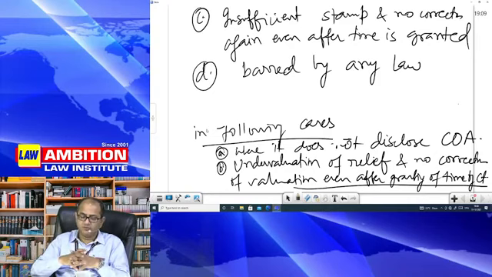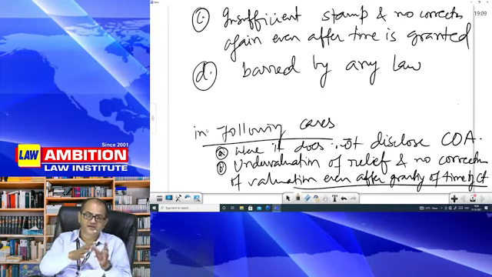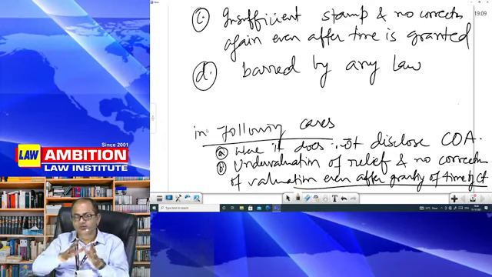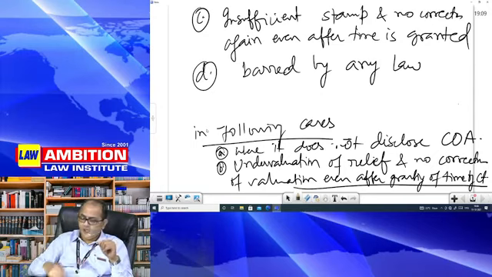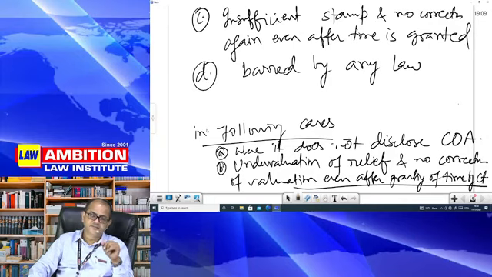I hope you are listening to me carefully. In the Salem Bar Association case, the Supreme Court has clarified the point that even if there is no compliance of clauses E and F, it will not have the same effect as clauses A to D. So the first 4 clauses are substantive in character, whereas the last 2 clauses E and F are procedural in character.